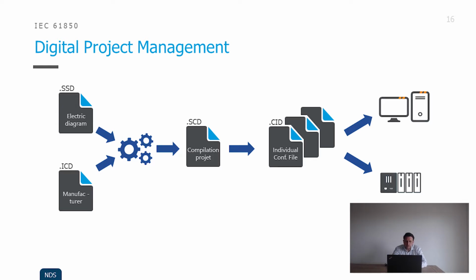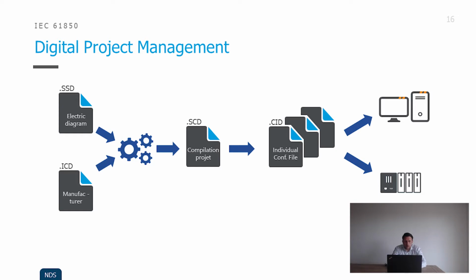The idea is that you can have a file, the SSD file, system specification description, which contains a complete specification of a substation. Each IED defined in the system supplies a configuration file which describes its capabilities. That is the ICD file, IED capability description.